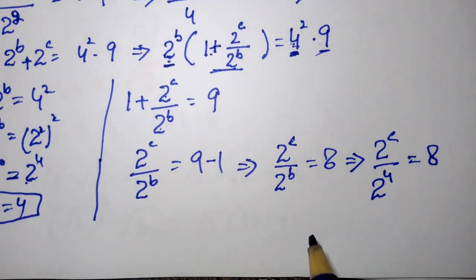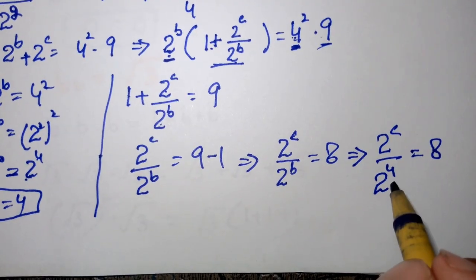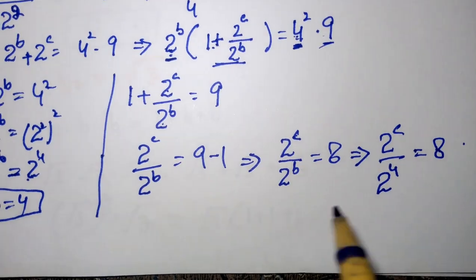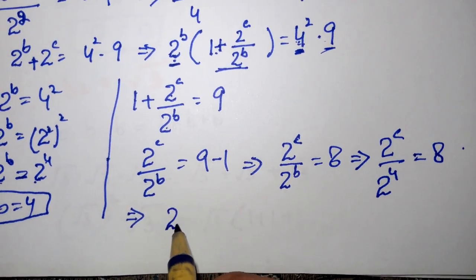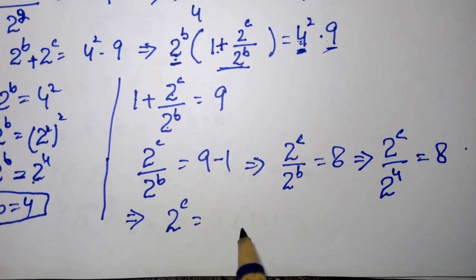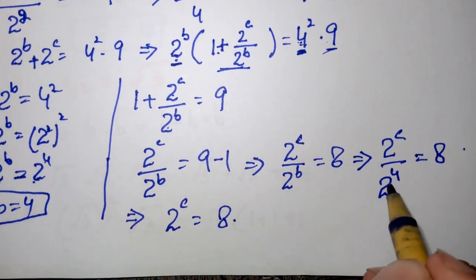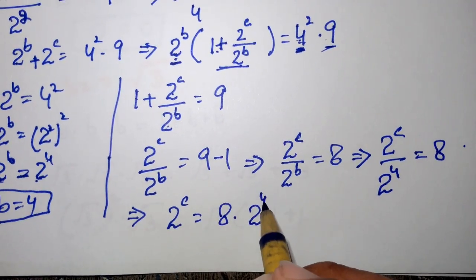Now we have to move the 2 to the power of 4 to the left side. This will be equal to 2 to the power of c is equal to 8 times 2 to the power of 4.